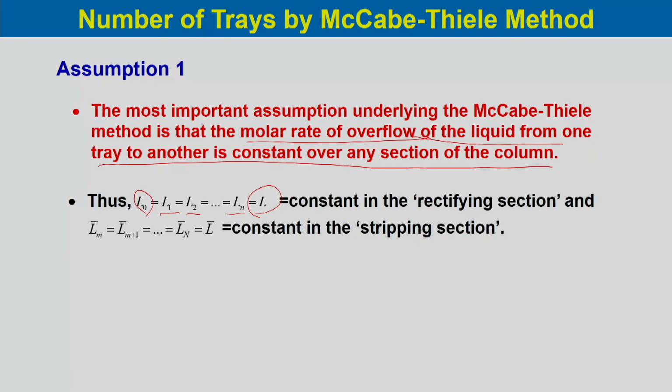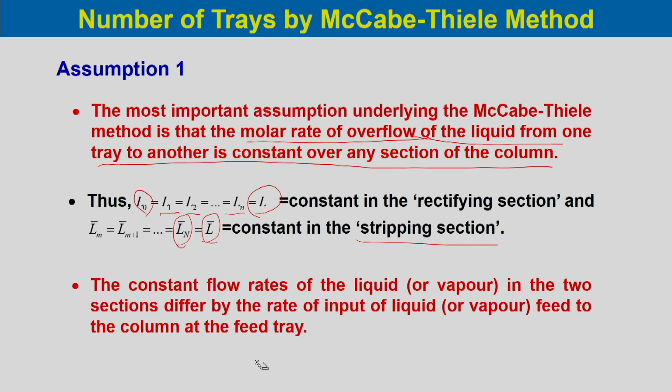Similarly, in the stripping section, that is below the feed tray, we can name the liquid flows Lm bar, which would be equal to Lm plus 1 bar and up to LN, capital N, and that should be equal to L bar, which is constant in the stripping section.